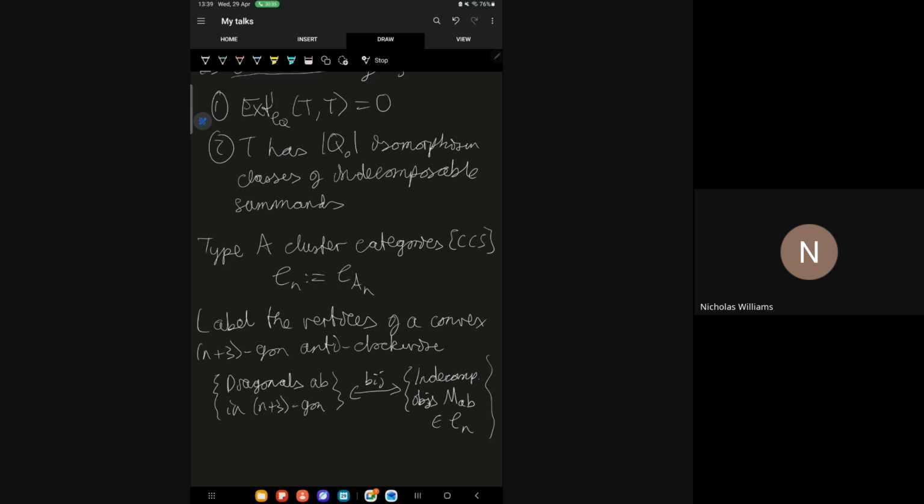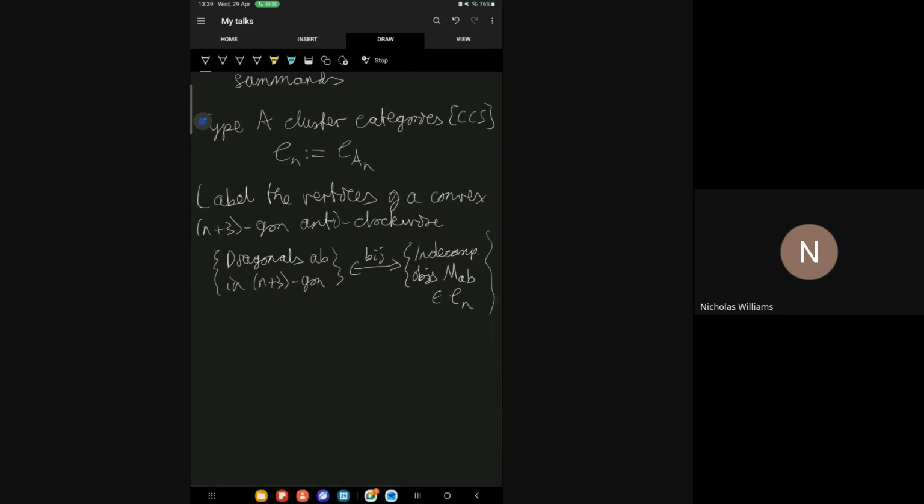And this kind of combinatorial description gives us some information. So namely, M_AB shifted by 1.